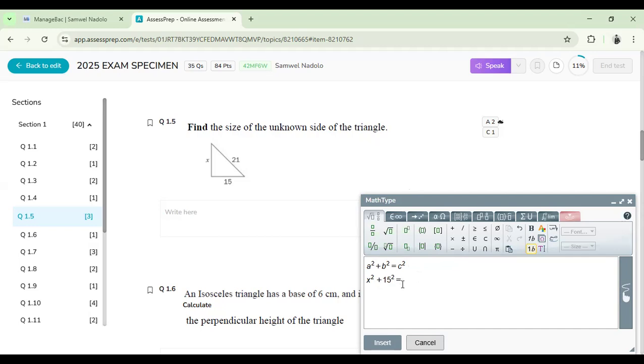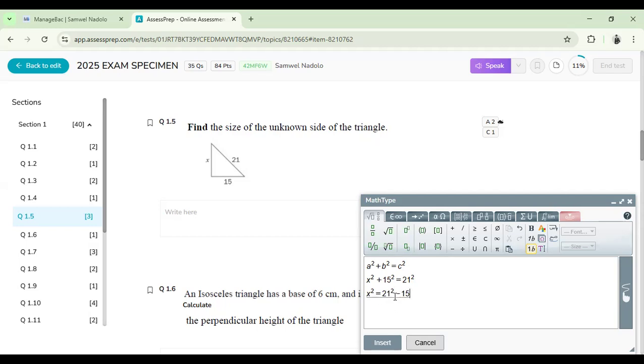When you write this, you are communicating instead of writing the answer directly. So for us to get x squared, we have to move this 15 squared to the right-hand side. So we'll have x squared on the left-hand side, equal to 21 squared minus 15 squared. Quickly use the calculator to do that.